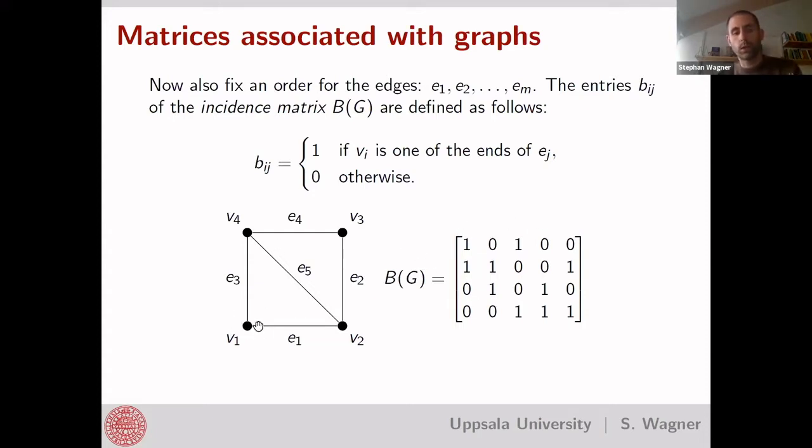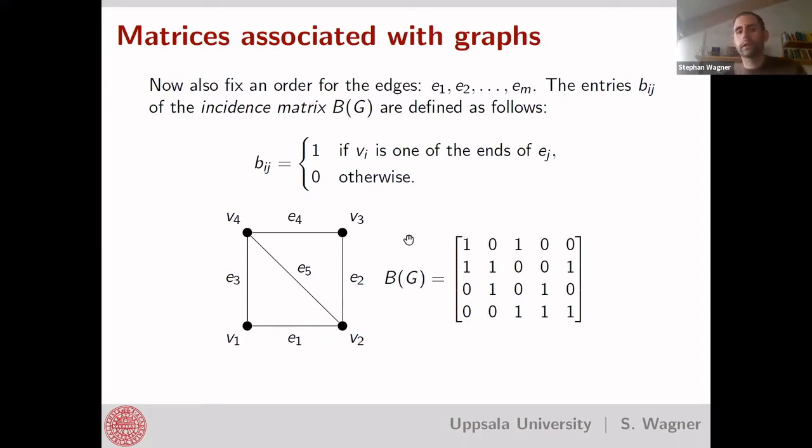So here v1 is incident to edges e1 and e3. So we put a 1 in the first column and the third column of row 1. And a 0 in all the other places in row 1 because v1 is not incident to the other 2 edges, and so forth. So that's the second basic matrix that one associates with the graph, the incidence matrix.